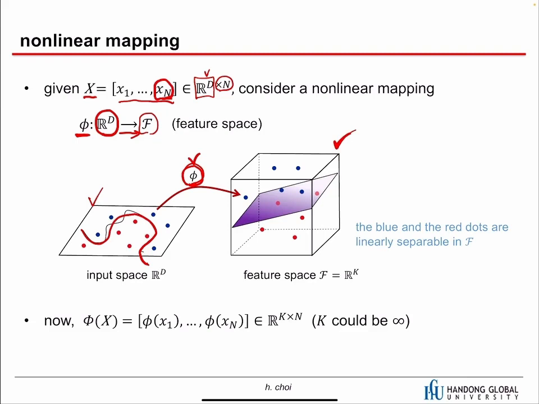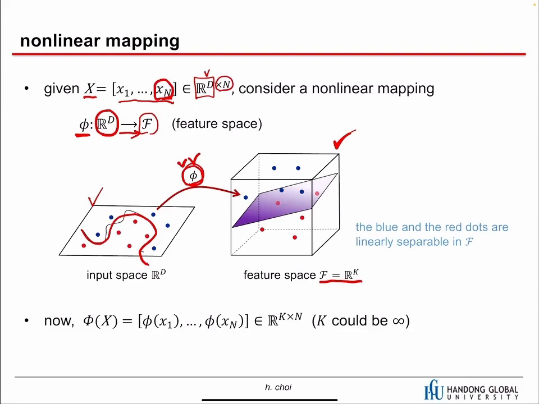And this feature space has a k-dimensional. And as I said, k could be infinite, okay? And the important thing is that in this feature space, the task would be much simpler and easier, okay? Again, we don't know how to define this phi, but let's assume that we have a nice phi. Then everything is perfect.